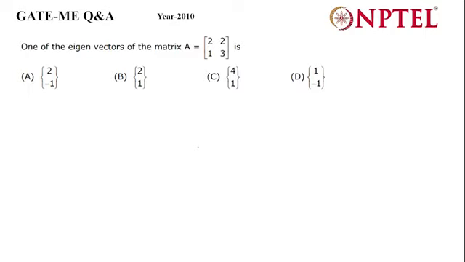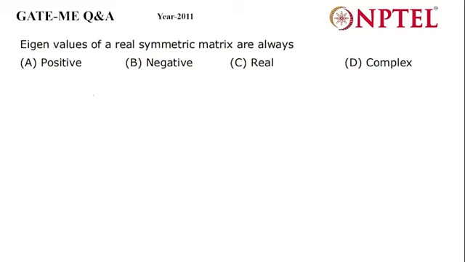A is the correct answer. Again, if you solve this matrix, you find the eigenvalues will be 1 and 4. Then you put lambda equals 1 in your characteristic matrix, and you will get this as your eigenvector. For the next question, C, ma'am, always real. C is correct.